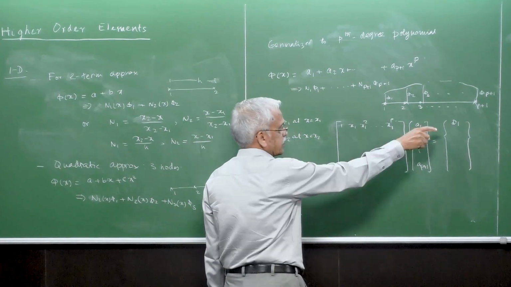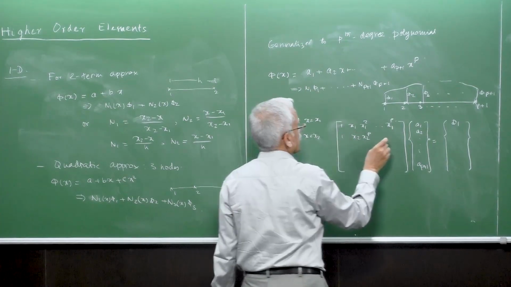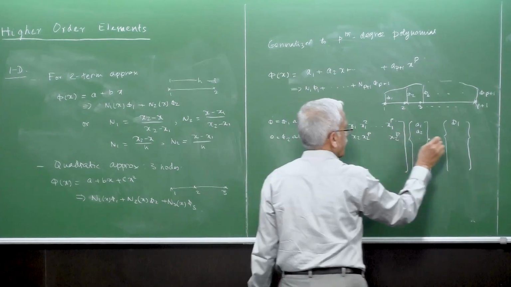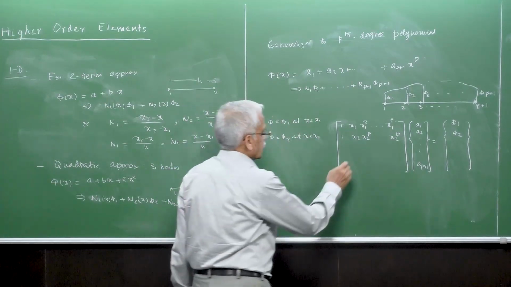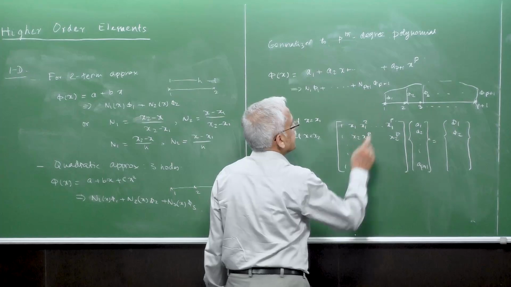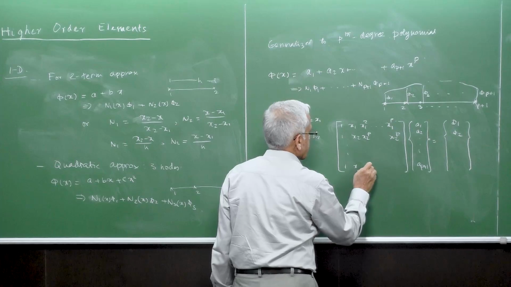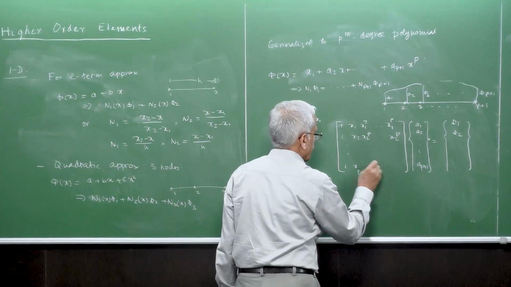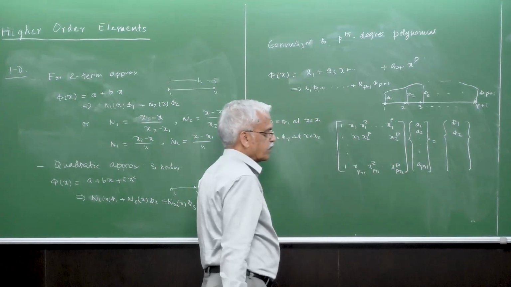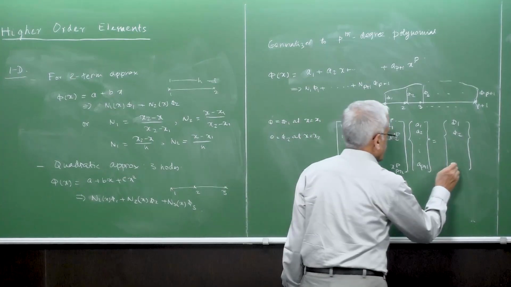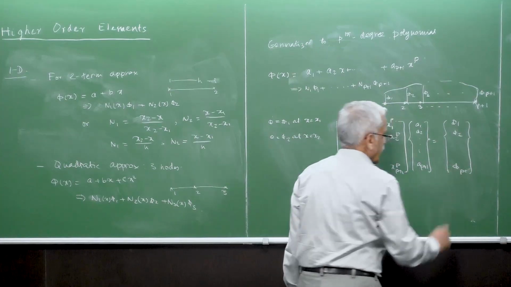So like this. So this is the first equation. This is the second equation. Right? So at the p plus 1, the last equation is at the node p plus 1, we have, right?